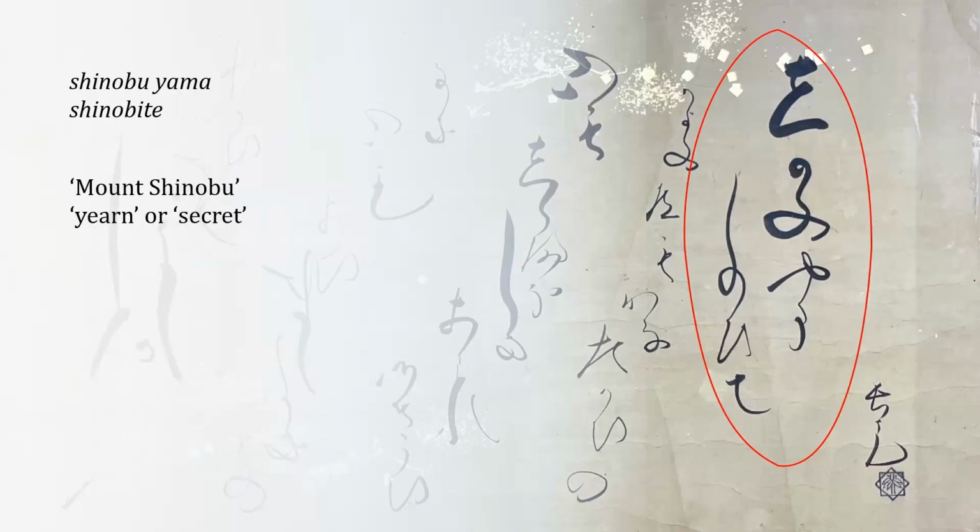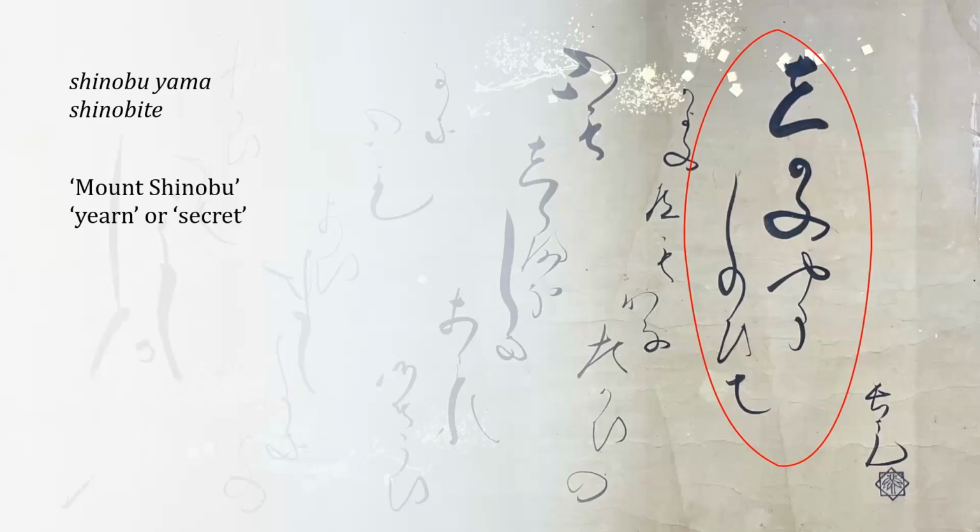But if you use kana, both meanings are there at once, right? And this is why I suggest the convention in Japanese poetry is to use kana so that there are these multiple layers of meaning happening. So the 10th century poet plays with these multiple meanings of shinobu in this phrase, shinobuyama shinobide.